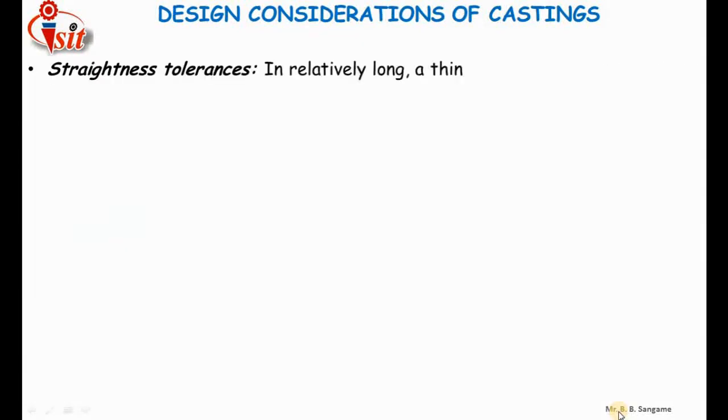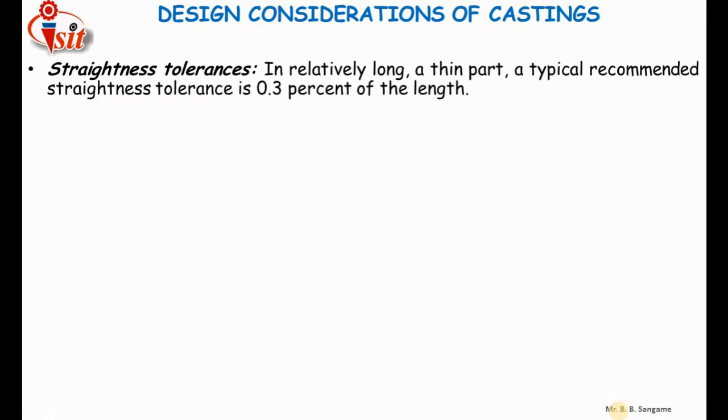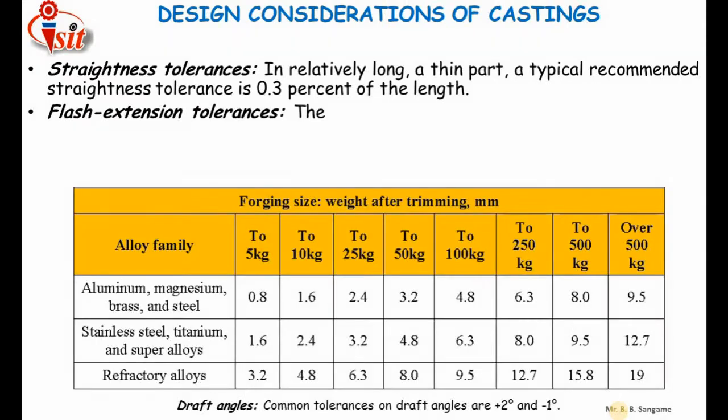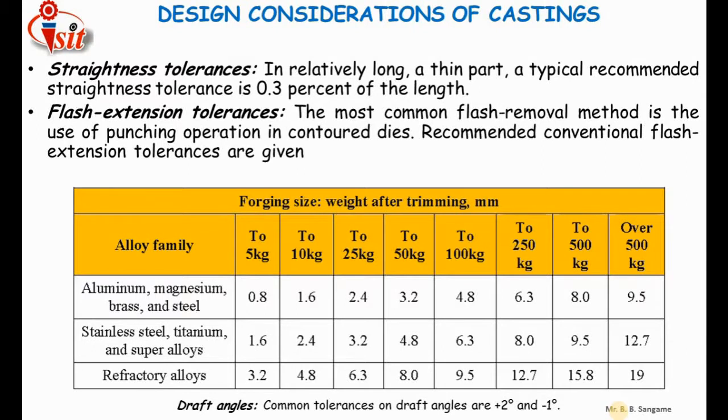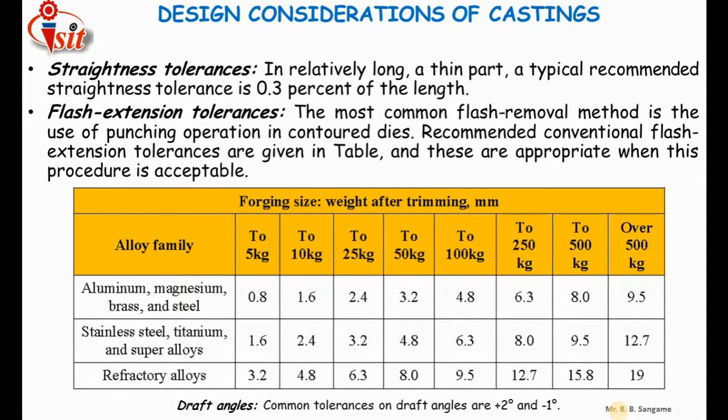Next is the straightness tolerance. In a relatively long, thin part, a typical recommended straightness tolerance is 0.3% of the length. Flash extension tolerances: the most common flash removal method is the use of a punch operation in contoured dies. Recommended conventional flash extension tolerances are given in the table, and these are appropriate when this procedure is acceptable.